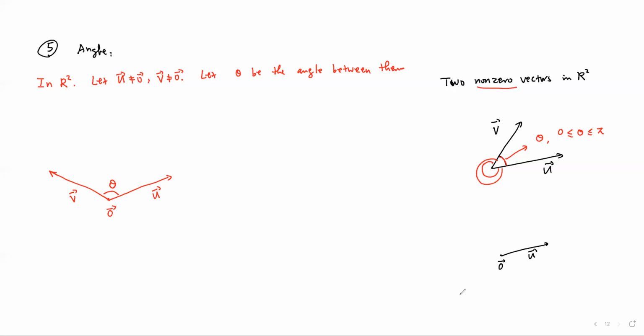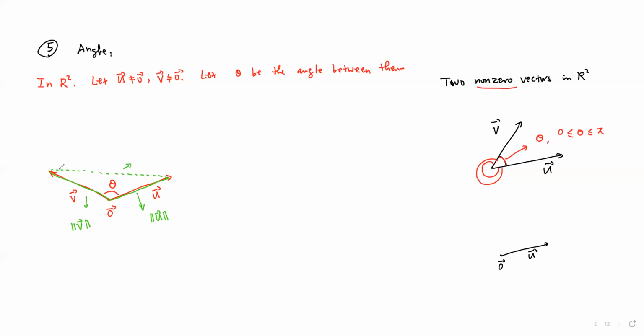Let me join this point and this point with a line. Then we have a triangle. The length of this edge is the length of vector V. The length of this edge, in this triangle, is the length of U. Now the question is, what is the length of this edge?